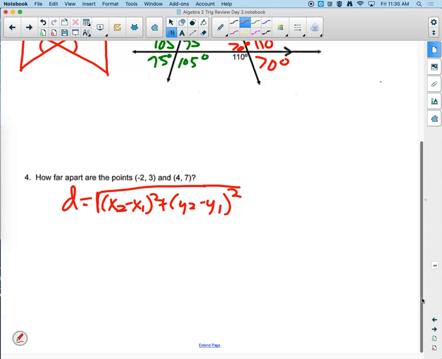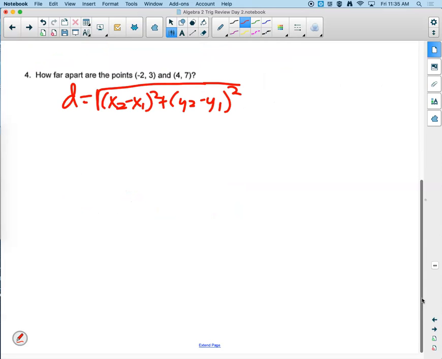So distance equals the square root of x sub 2 minus x sub 1, the quantity squared, plus the quantity y sub 2 minus y sub 1 squared. And you just use the points as x sub 1, y sub 1, x sub 2, y sub 2, and you plug them in. So this is where, like I said, in your book, page 979 has that one.